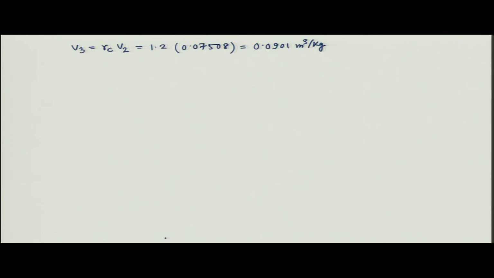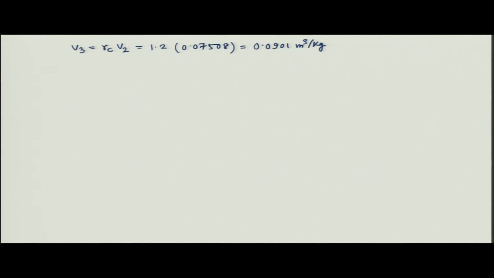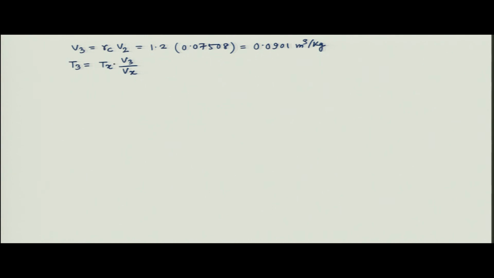Okay. Now, we can find T3. We have seen what is V3. So, T3 is basically Tx multiplied by V3 upon Vx, because x-3 is a constant pressure process. So, pressure remains constant, so you can use this formula to get T3.